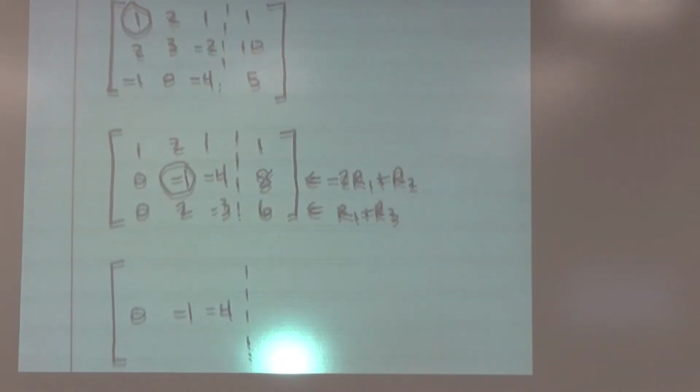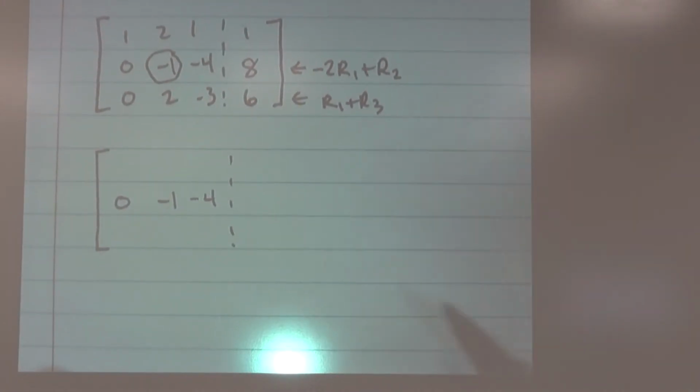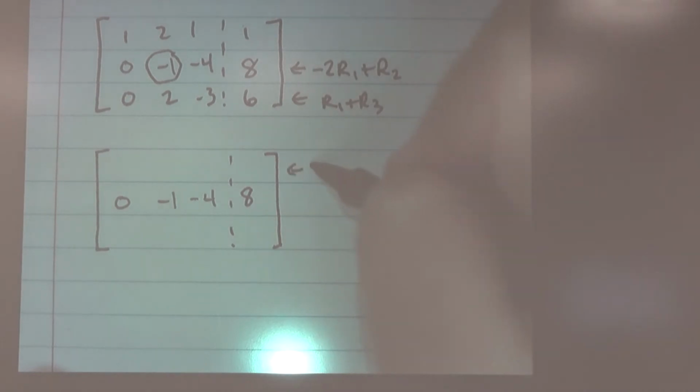So for now, let's keep row 2 as is. And to eliminate this, let's multiply by 2 and add. So we are multiplying row 2 by 2 and adding to row 1.